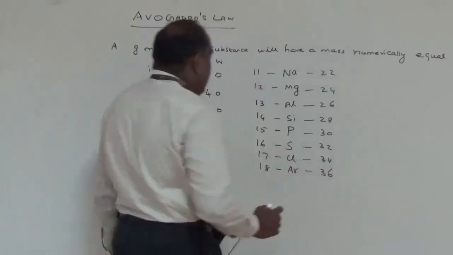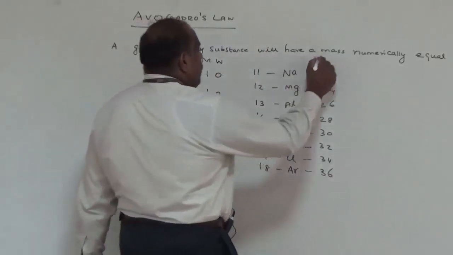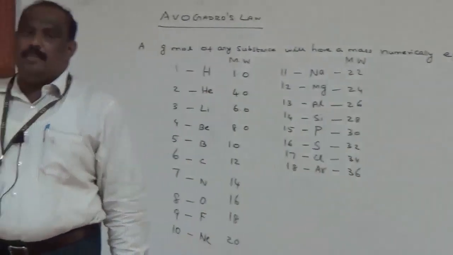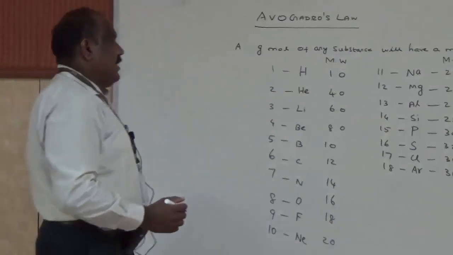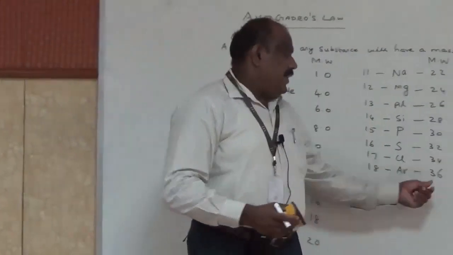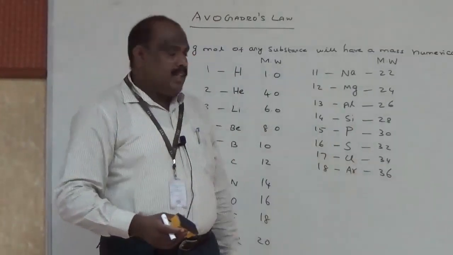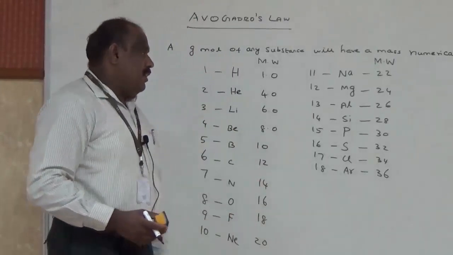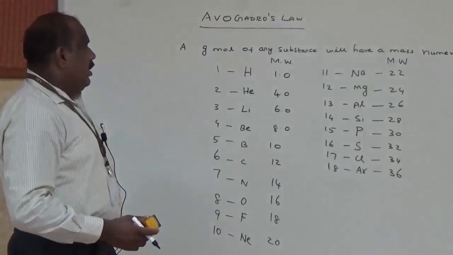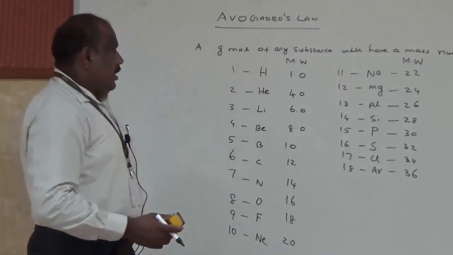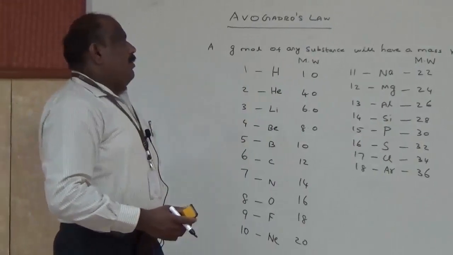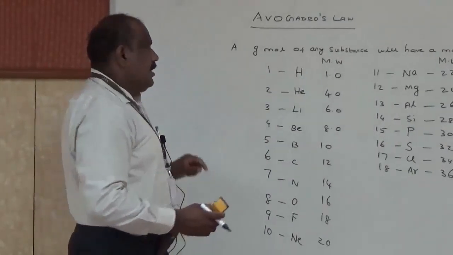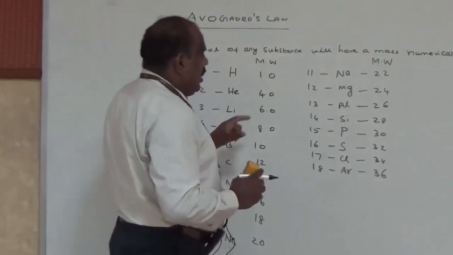So the molecular weight of the elements is nearly twice the atomic number, except for hydrogen. This value varies slightly for higher order elements, but it is almost twice the atomic number. You should know the molecular weight before we go to this concept.